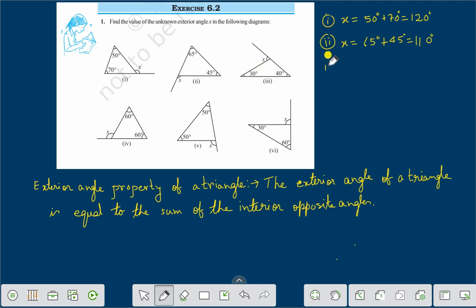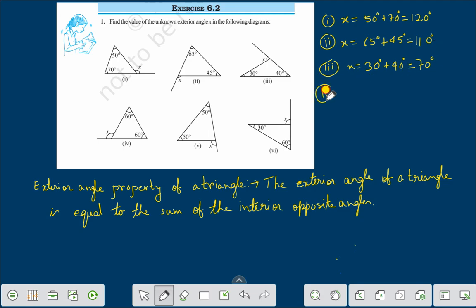In figure 3, this x is the exterior angle and these two angles are interior opposite angles. That means x is equal to 30 degree plus 40 degree, which is equal to 70 degree.